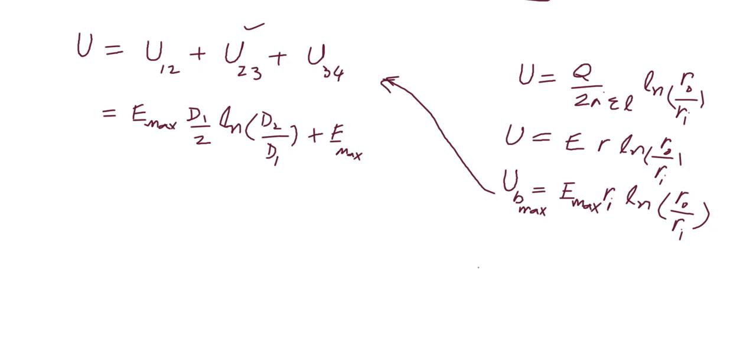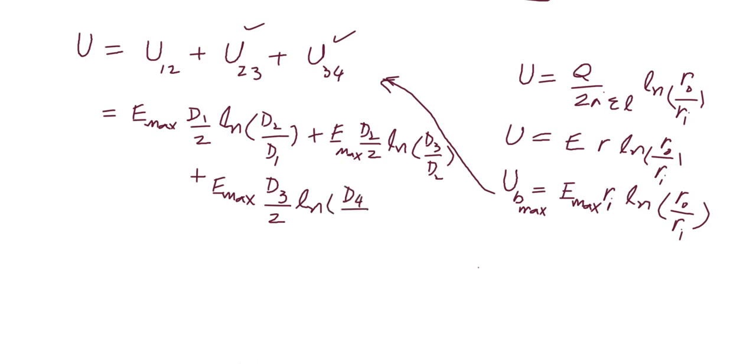So again, we will have Emax, now d2 by 2 as the radius, and natural log of d3 over d2. And then for U34, we will have Emax again, now d3 by 2 and natural log of d4 by d3.